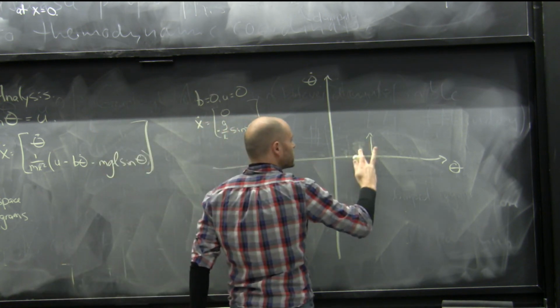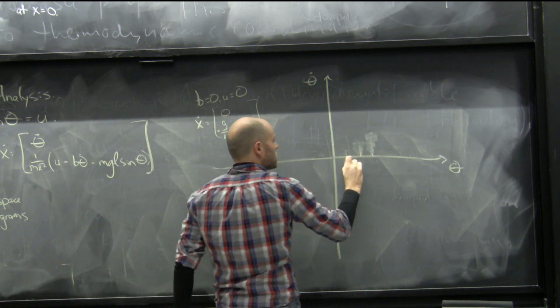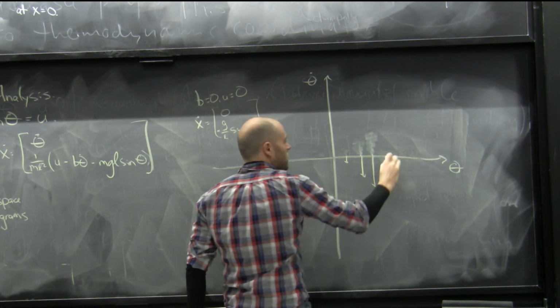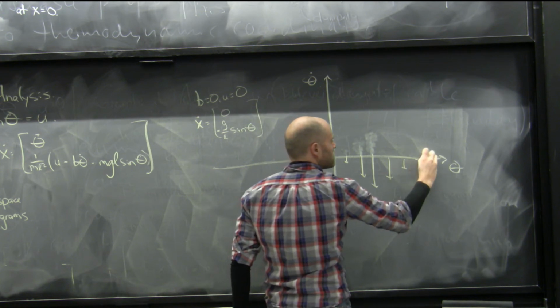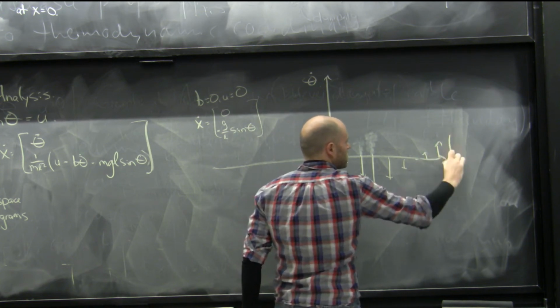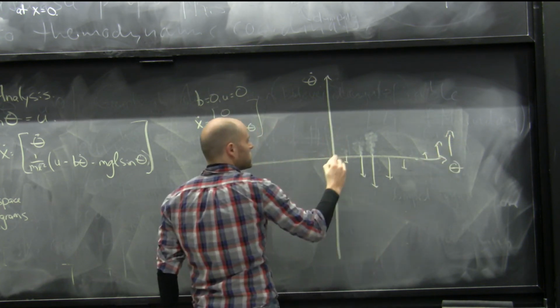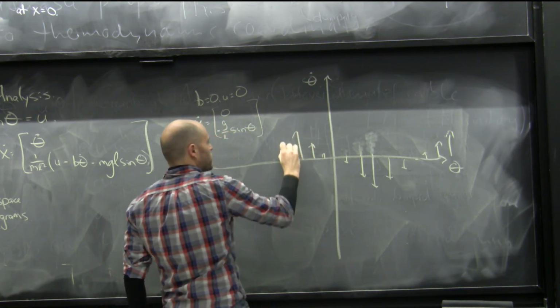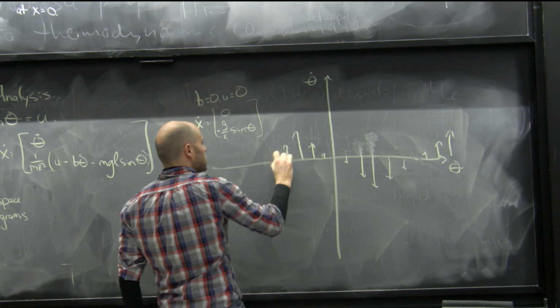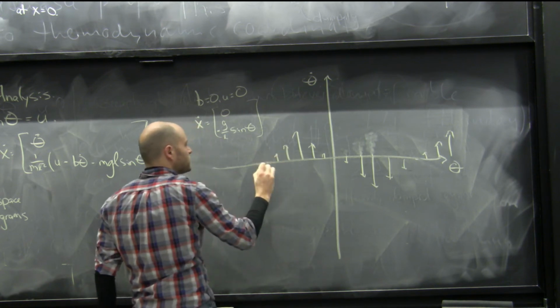That would be really weird to do that. But it looks like a sine wave here, okay? And it looks like that same sine wave that I knew from before.